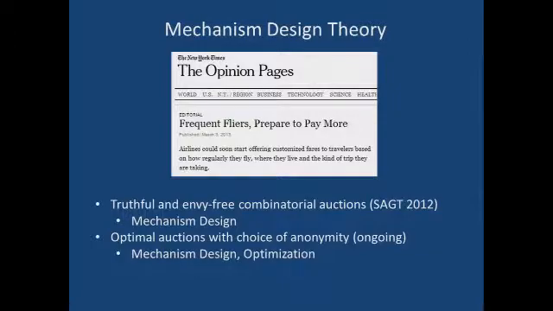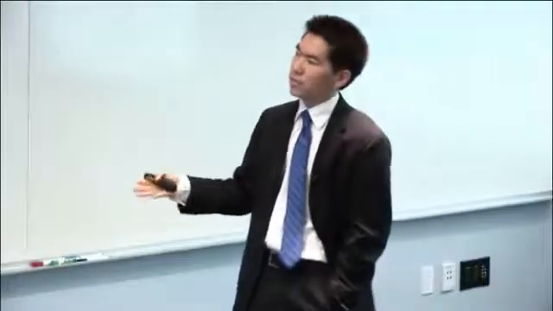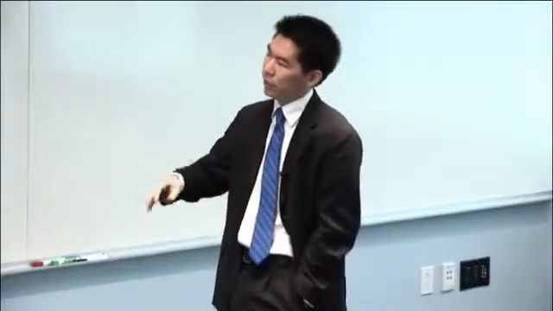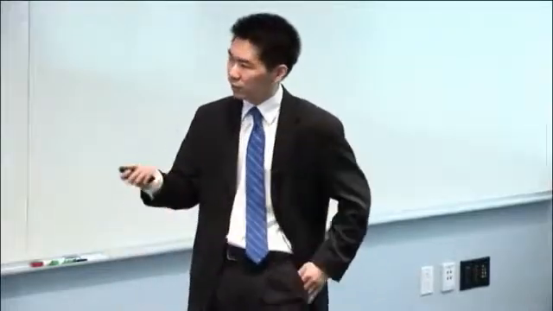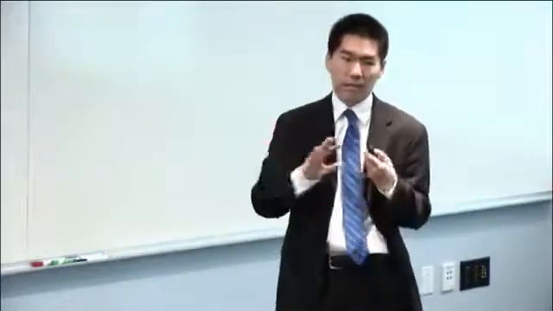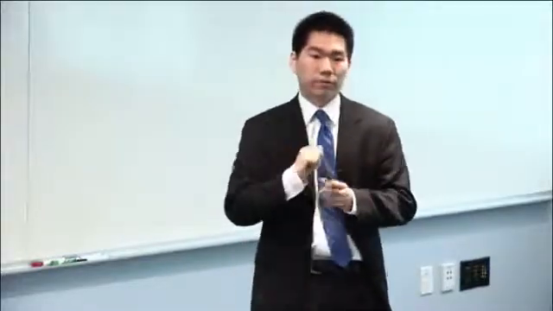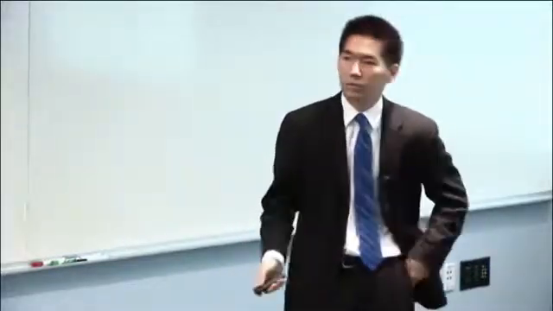I've done some work on mechanism design theory, trying to understand whether we can have truthfulness and fairness in combinatorial auctions, and more recently looking at the design of optimal auctions where agents can choose whether or not they want to reveal their identities to the system.